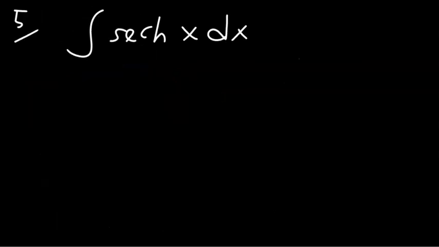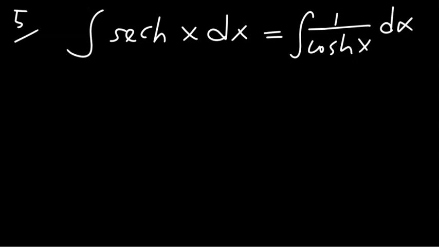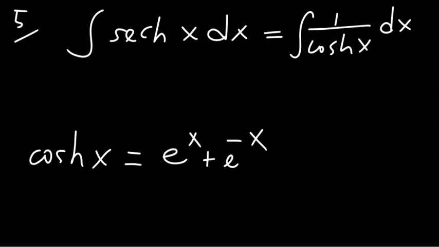What about this one? Hyperbolic secant of x is 1 over hyperbolic cosine of x. And then you have the dx. We know hyperbolic cosine of x is e to the power x plus e to the power minus x over 2. Let's substitute this definition inside the integrand.